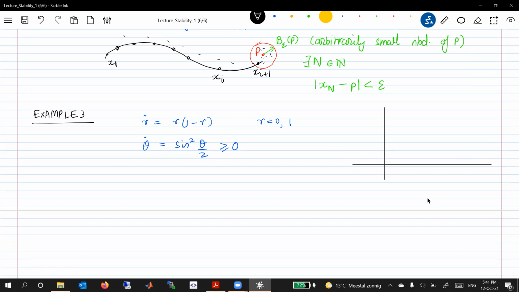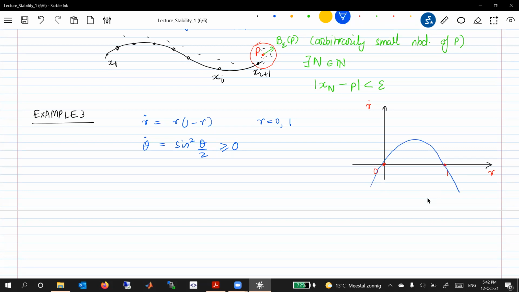We saw in the lectures that for scalar functions, it's very easy to deduce what the phase portrait would be. It's a one-dimensional phase portrait in this case. If we plot r dot on the right-hand side here, what we have is a function which is parabolic. So there's 0, there's 1, and this is an upside down parabola, right?